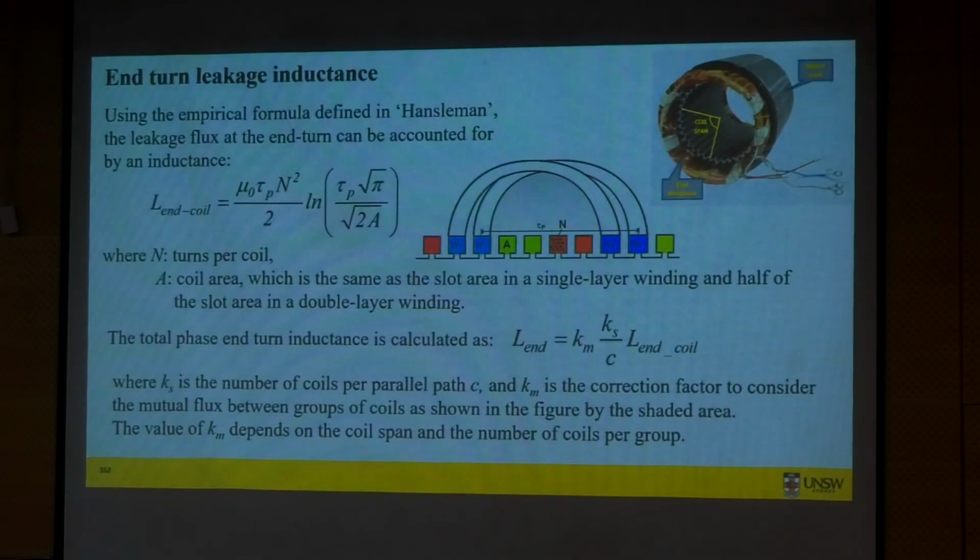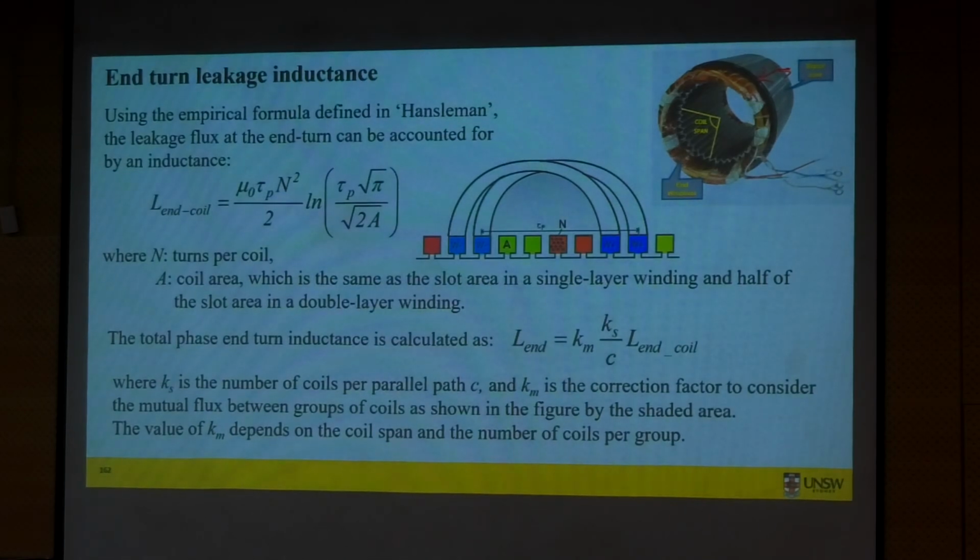And then there are some more things. When we are distributing your windings, part of it actually comes out. As you can see, this is your core area, with length LE. But your windings have to come out and then go back to other slots.